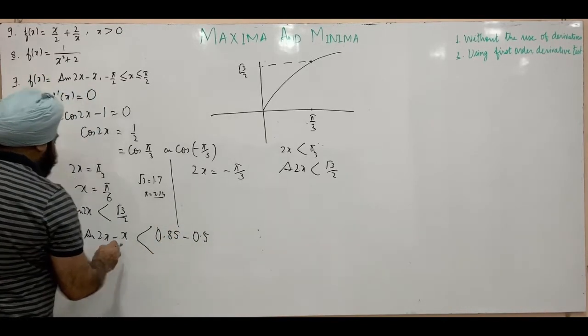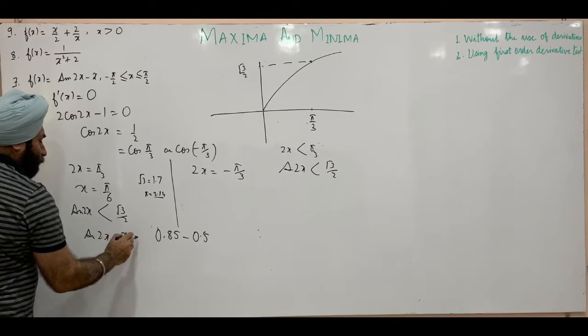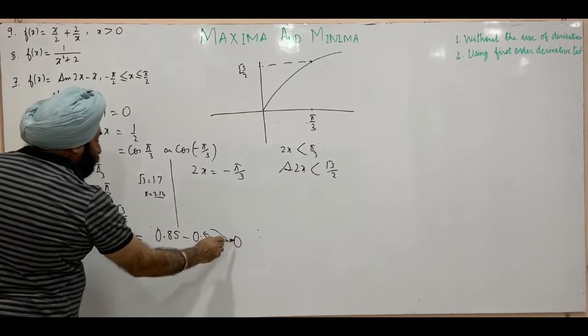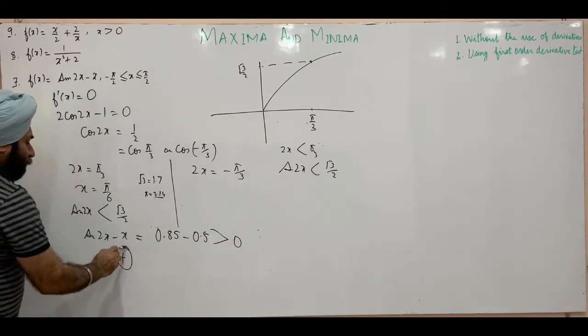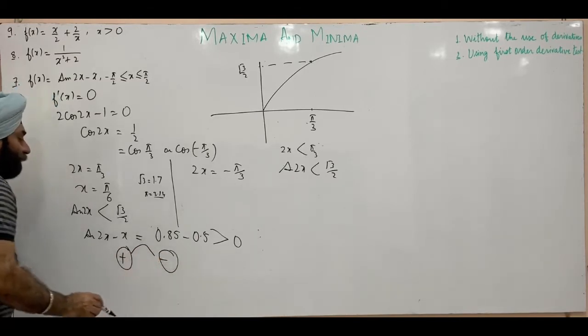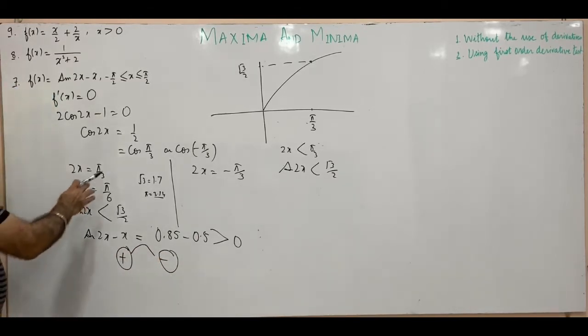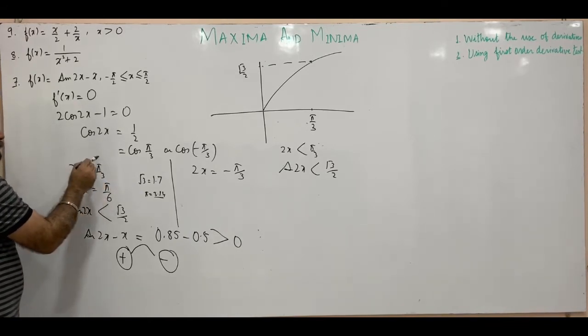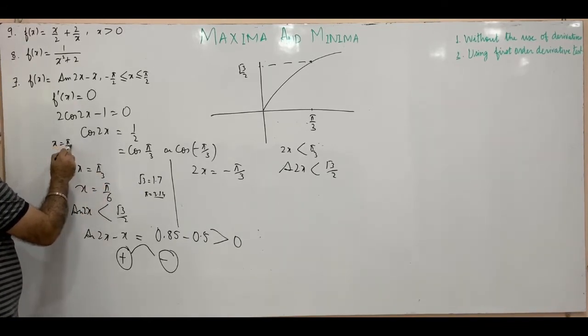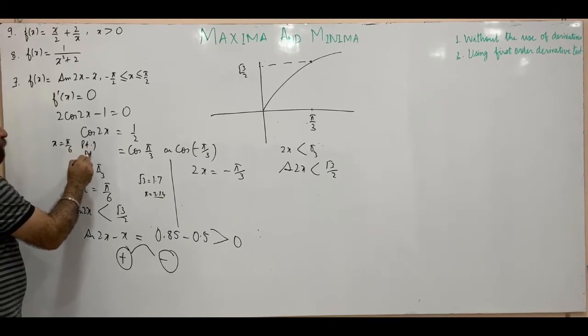So sine of 2x minus x is a positive sign. So it changes from positive to negative. So if it changes from positive to negative, the critical point is a point of maxima. So x equal to pi by 6 is a point of maximum.